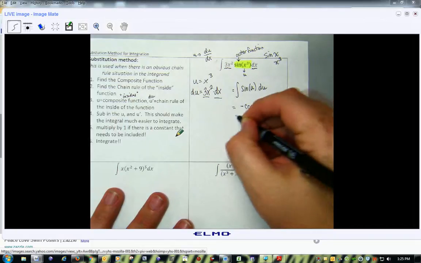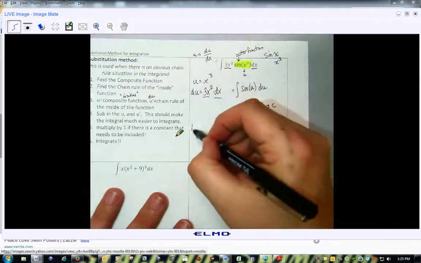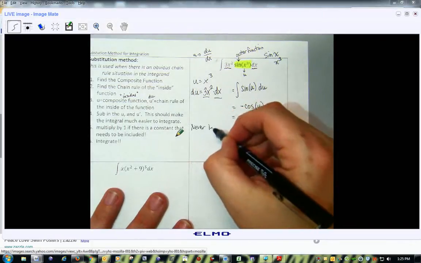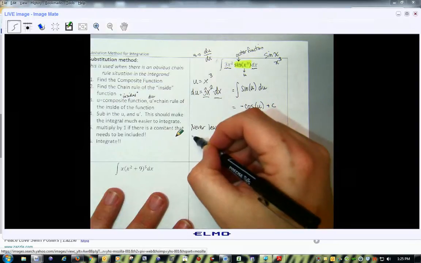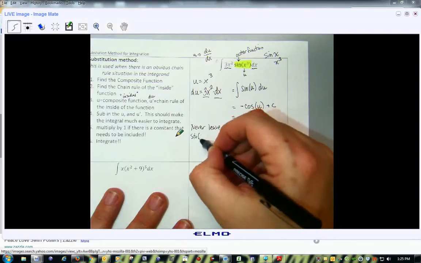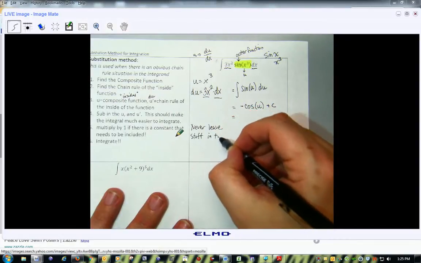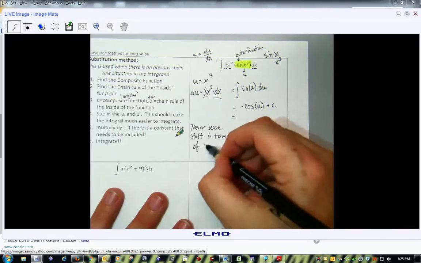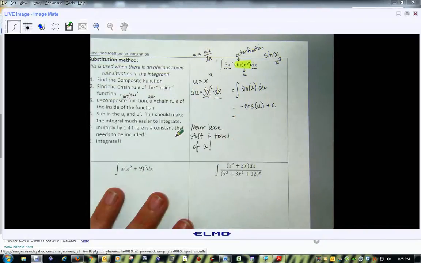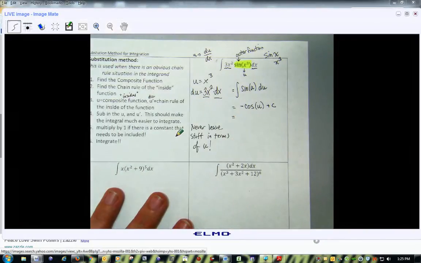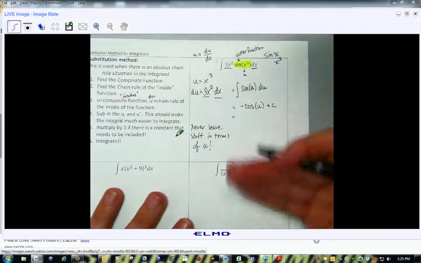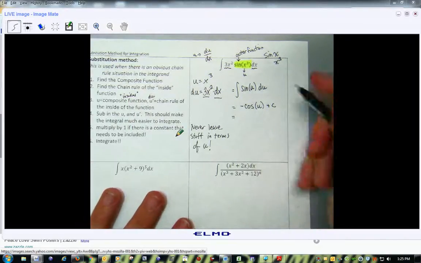And now, never leave stuff in terms of u. U's bad as your final answer. U is what we do all the work with, and then we polish it up for a really nice final answer, putting everything back in terms of x.